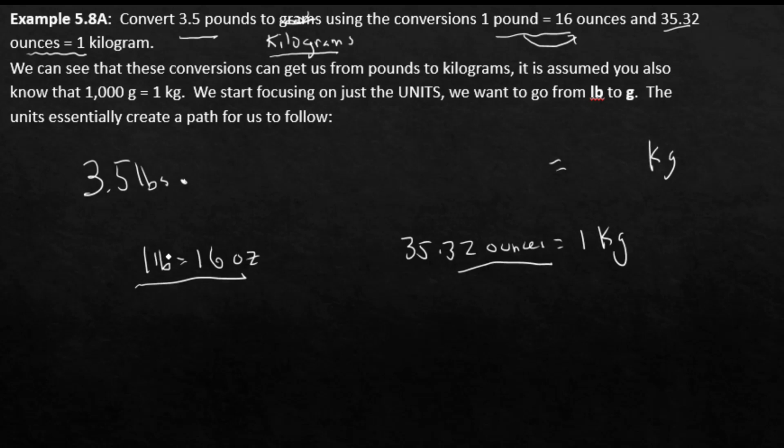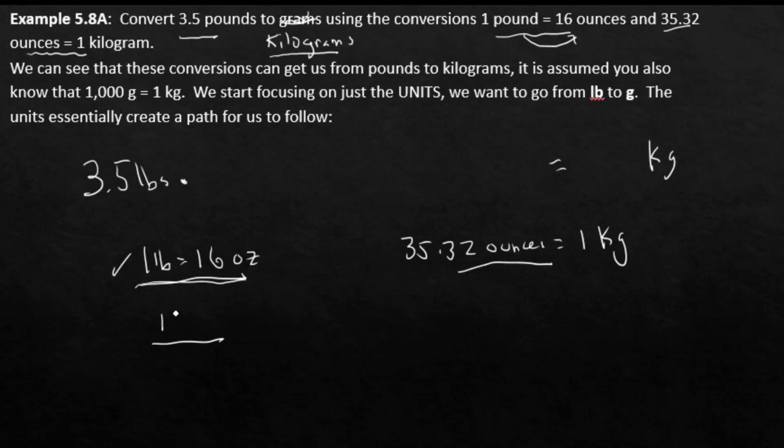So if I want to convert the pounds to ounces, do I want the pounds in the numerator or the denominator of this conversion factor? And you need to think about that, because this is the important question. If you're going to be able to do this, that's the question you need to answer.